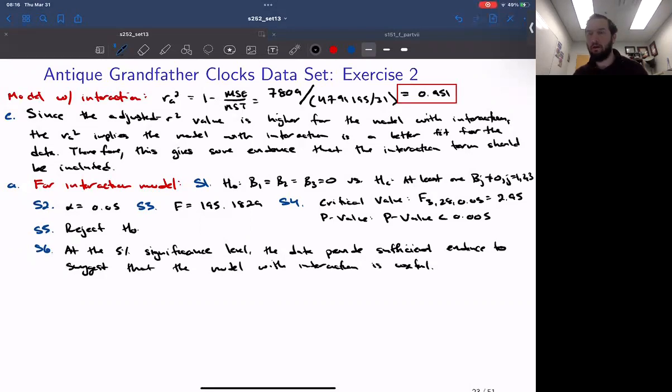We rejected the null that all the coefficients are equal to 0. That implies that at least one coefficient is different from 0, which means that the model is useful in terms of explaining the relationship between price and those other variables.